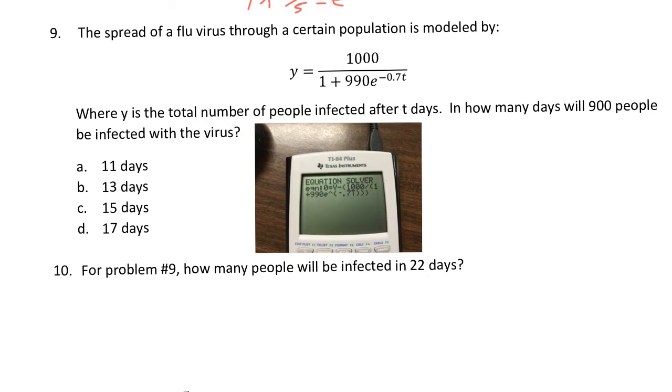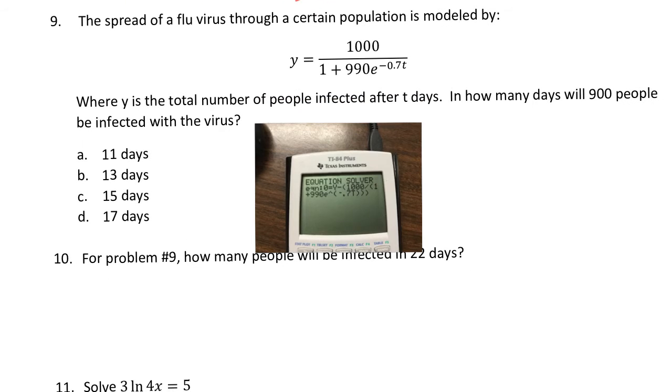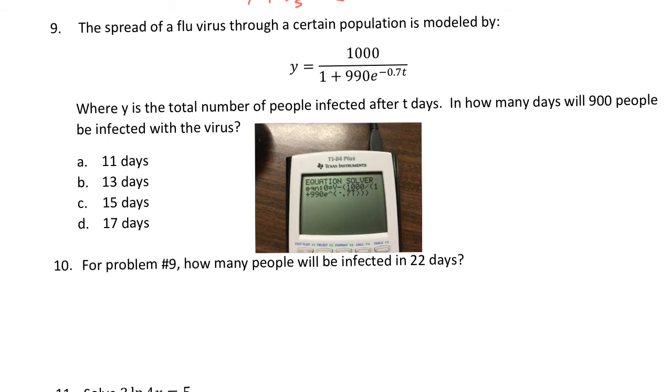So when I go to solve it, it says I arrow down, I have a y and a t variable. It says how many days will 900 people be affected. The y is the total number of people, so make y 900 and solve for t. And the answer is 12.99, so about 13 days.